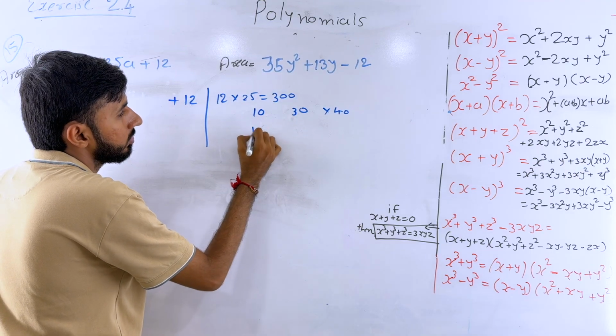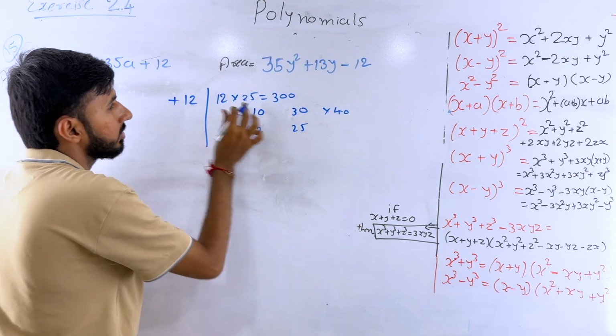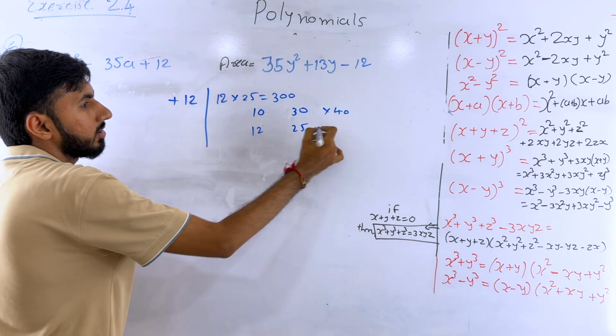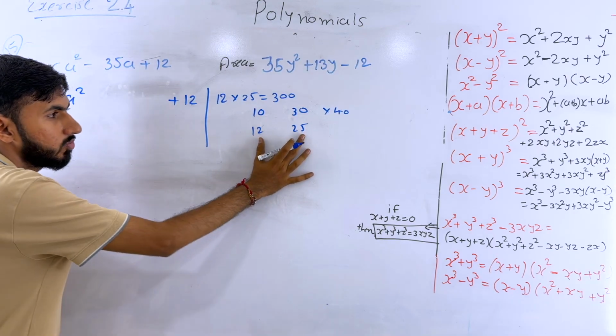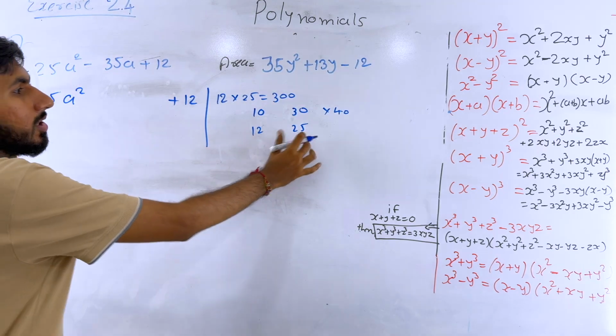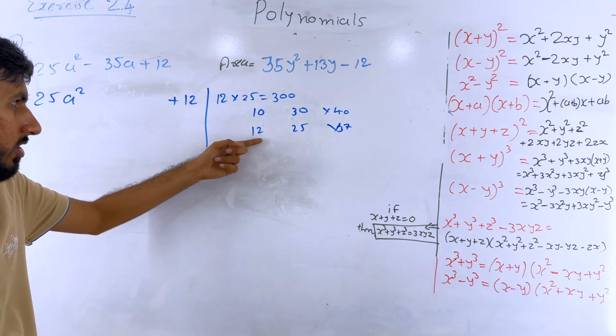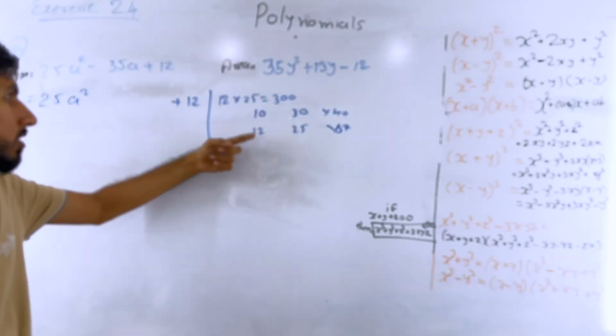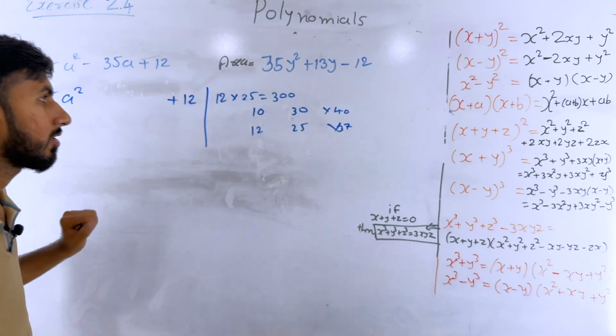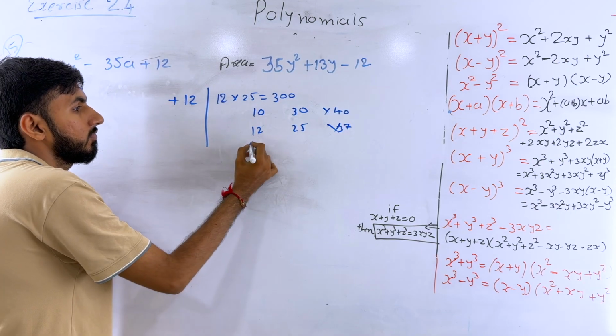Now let me use 12 and 25 as it is, that we have multiplied, right? But addition of both will look like 37. So I cannot use this also. Let me go ahead. I cannot get 300 by 13, 14, but I can get it by 15.